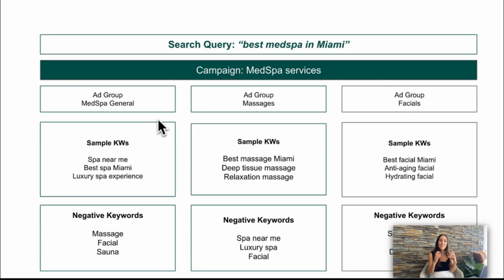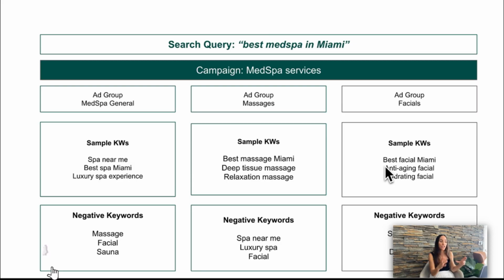Start with the seed terms, and then if you see that you're constantly showing your ads to people that are looking for couples massages, you can then include those keywords in, and there is always opportunity to expand your targeting. And then we have one that is, let's say, for facials. So I will want to have negative keywords that avoid cross-contaminating.